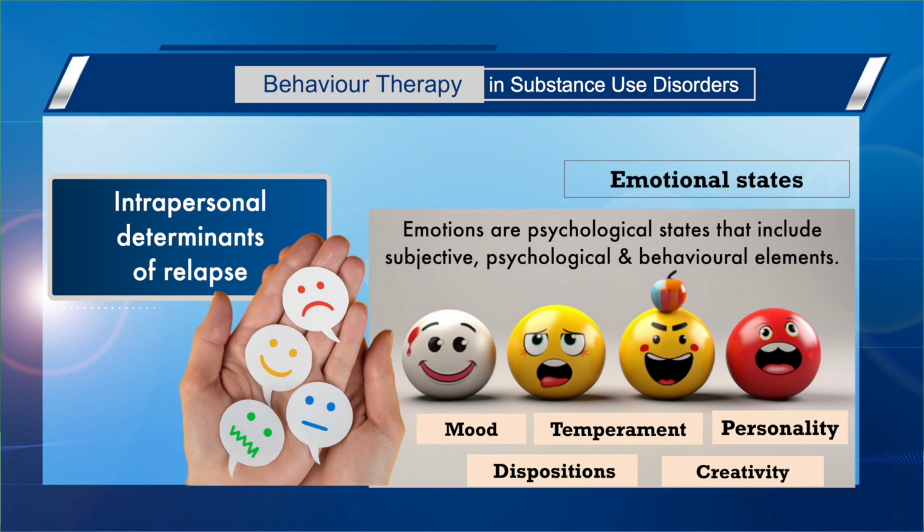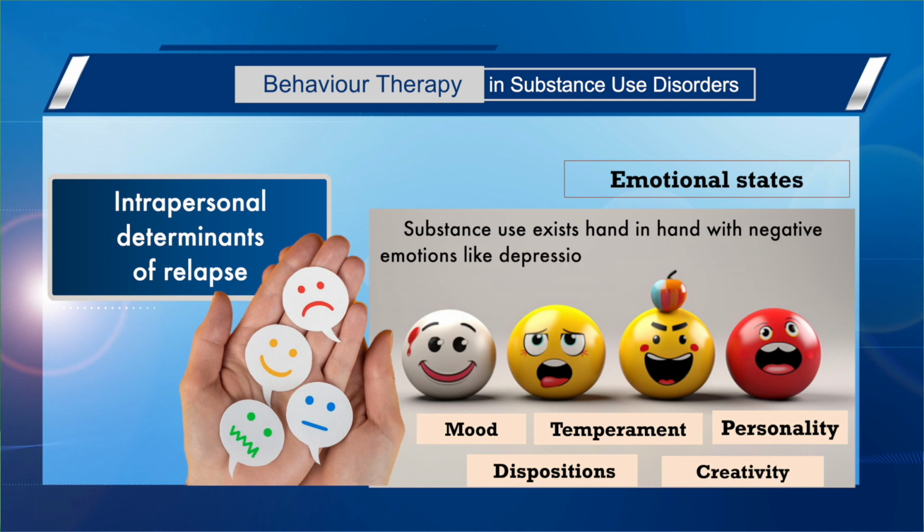Emotions are often intertwined with mood, temperament, personality, dispositions and creativity. Emotions are very strong determinants of one's behavior and thereby are known to influence substance use. Substance use exists hand in hand with negative emotions like depression, anxiety, loneliness and even anger.